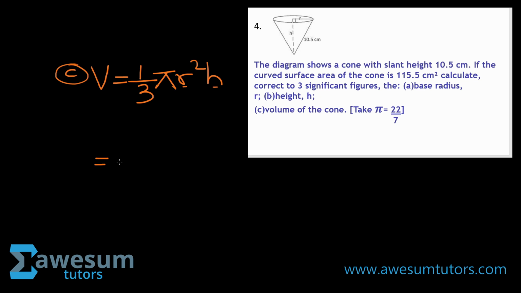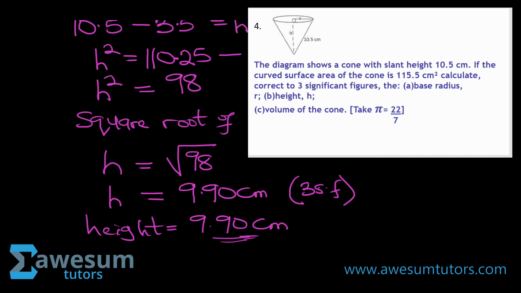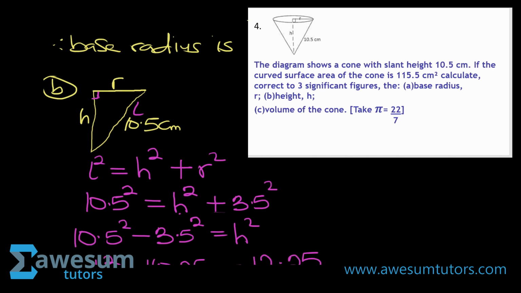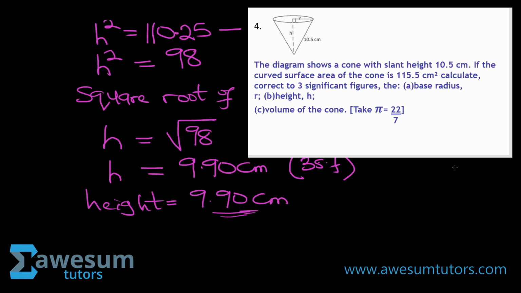So now we know that we have 1/3 times, we have been told in the question to use pi to be 22/7, times the radius that we found before. You remember that the radius we found before was 3.5, and the h was 9.9.